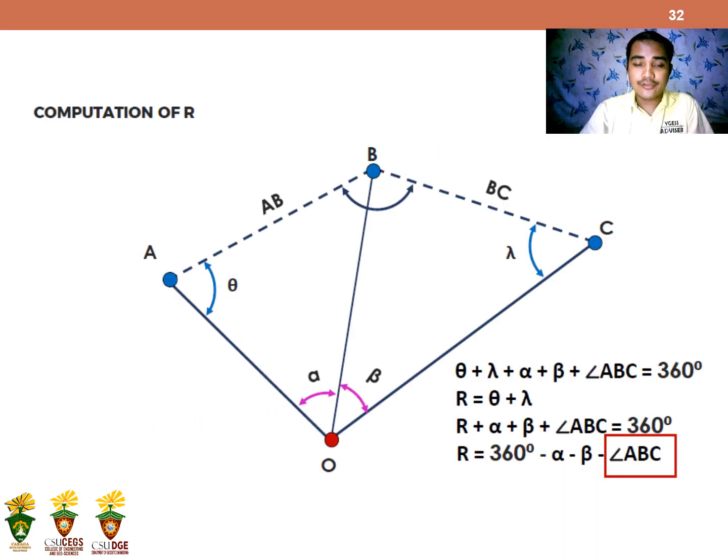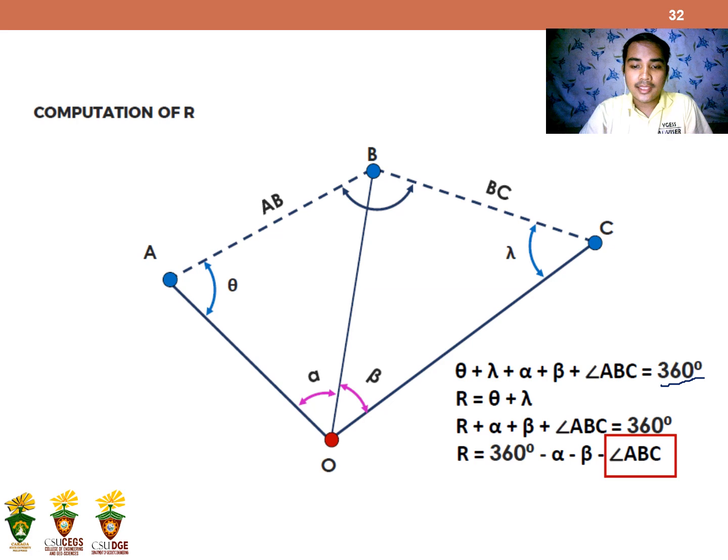In computation of r, let's go back to this figure. So na si AB, BC, alpha, beta, theta, and lambda. We all know that the sum of the interior angles of a quadrilateral is 360 degrees. So that's why we have 360 there.